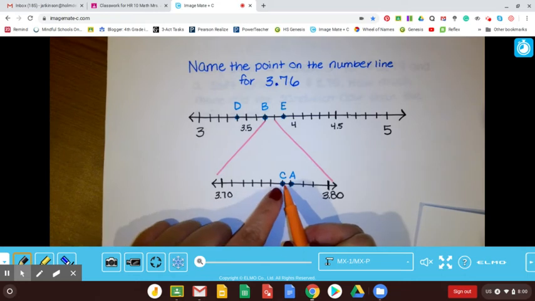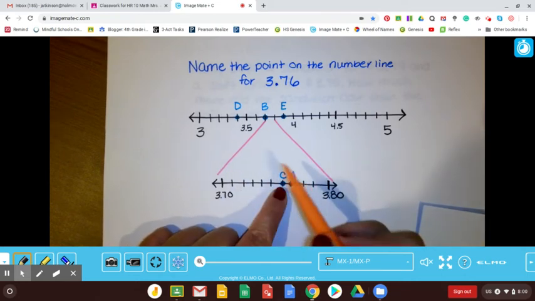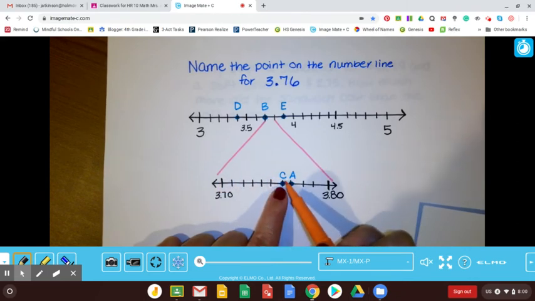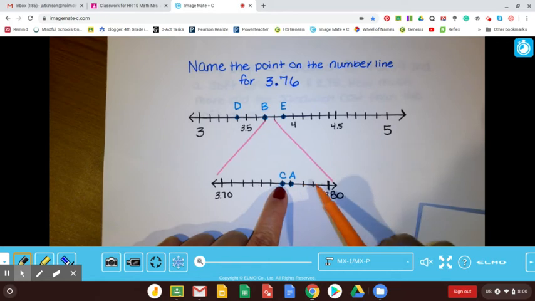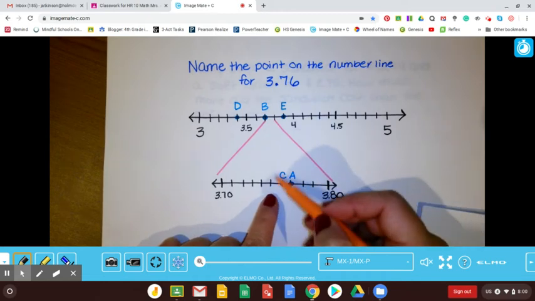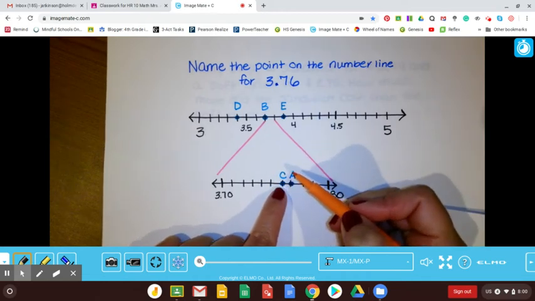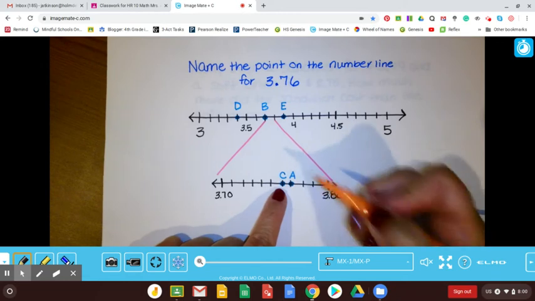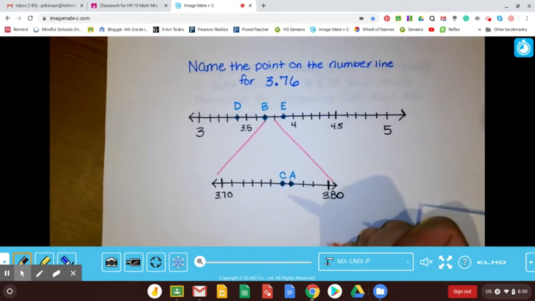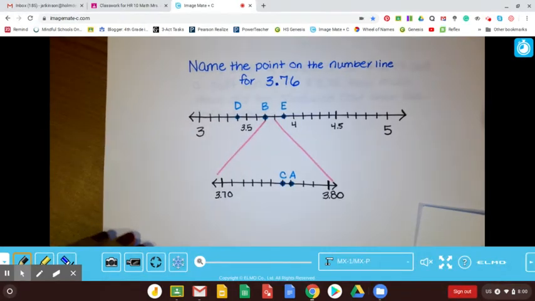So I would say my answer would be C. And I could just go back and double check that, let's see, 70, 71, 72, 73, 74, 75, 76, 77, 78, 79. And yes, that makes sense because that's 3 and 80 hundredths. So in this case, my answer would be C. And I don't want to write on this because I actually want to use this paper for my live review as well. But there, that would be your answer. All right, let's do the next one.